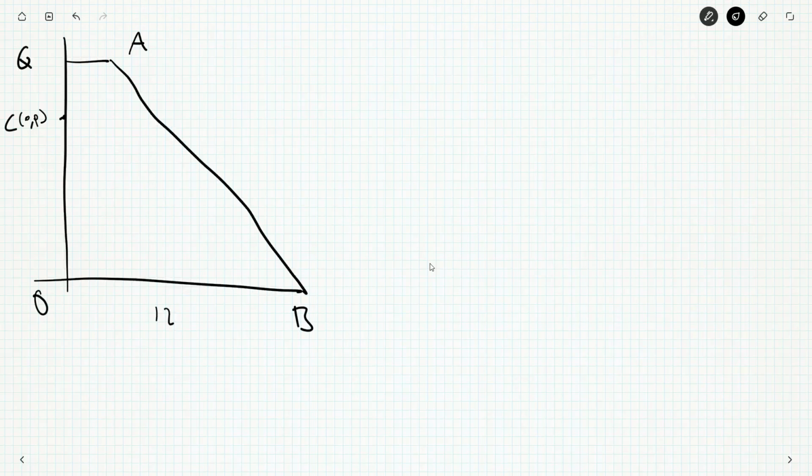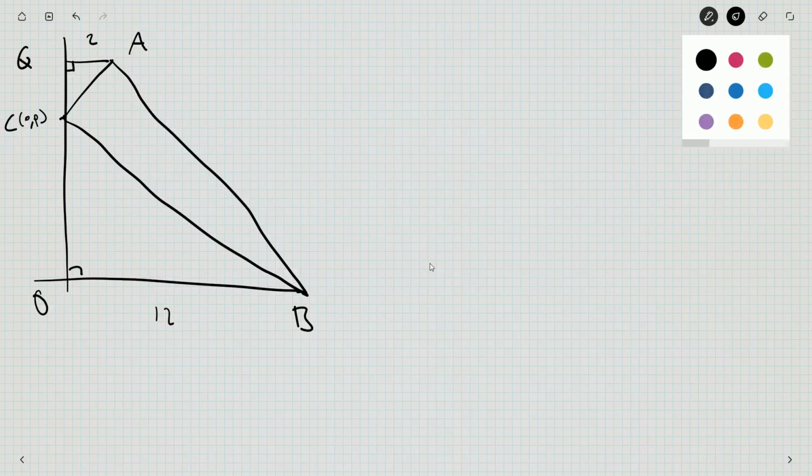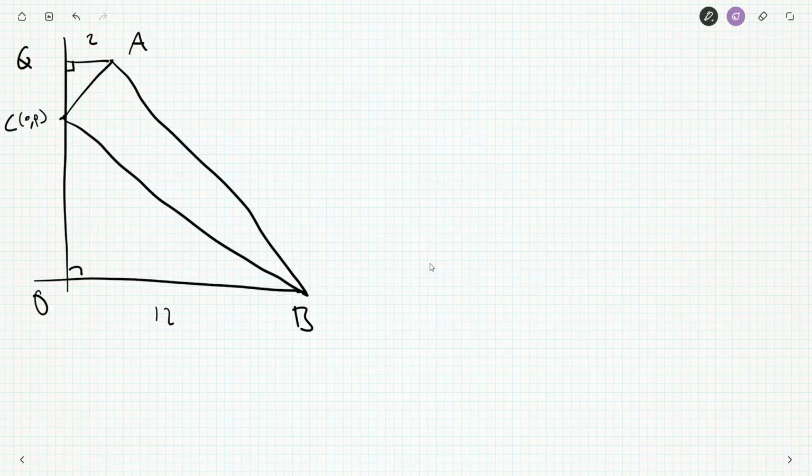C is 0p, so we'll put those there. This is a 2 here. And we get some right angles. Things should be clearly labeled on your picture. Now, the height here is p, and the height here is 12 minus p. So we can do all these together.